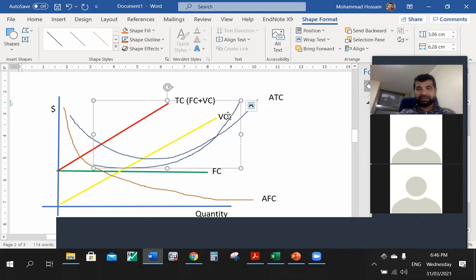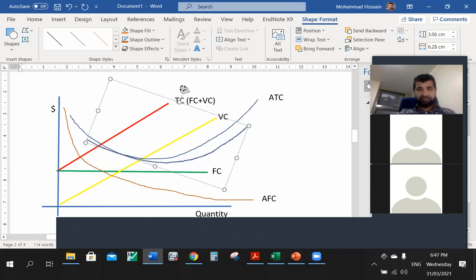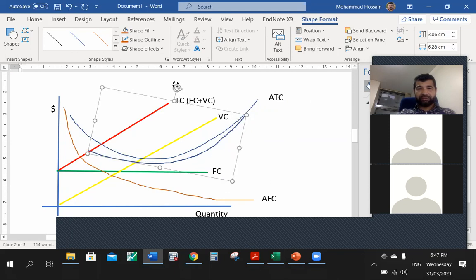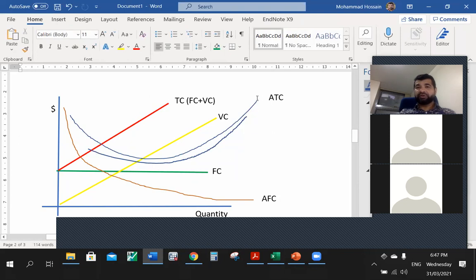It should not cross the total cost. It will not cross. Why will it not cross? Because total cost is combination of fixed cost and variable cost. So total cost will be always higher than both of them. It will not cross.